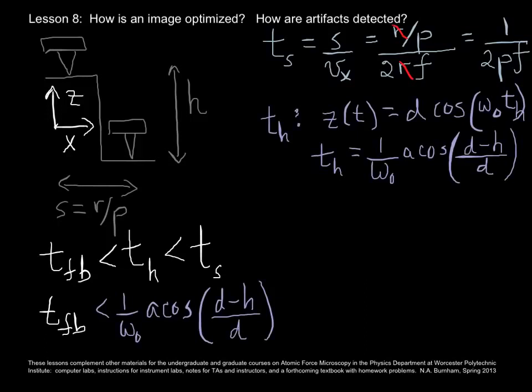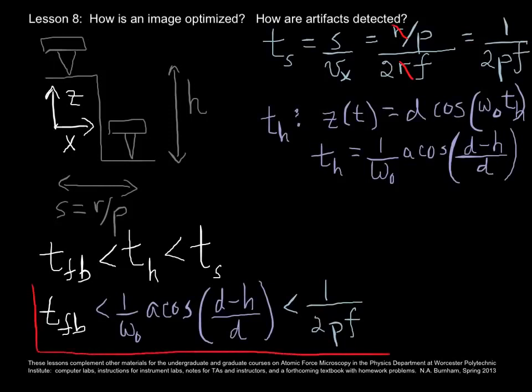That in turn must be less than the time response to move one scan step horizontally, which is the inverse of twice the number of pixels times the scan frequency.